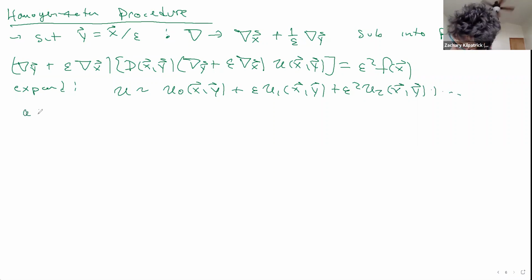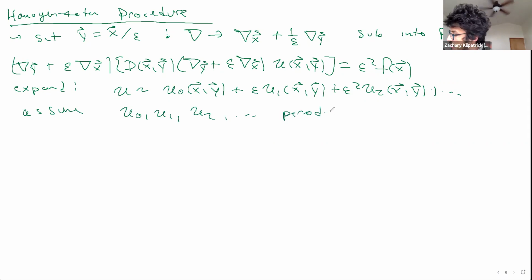And we're going to assume that U0, U1, and U2, and so on, they respect the periodicity of our diffusion coefficient. They're periodic in y, okay, with period yp, and that they're also sufficiently smooth so that we can take these derivatives, okay?